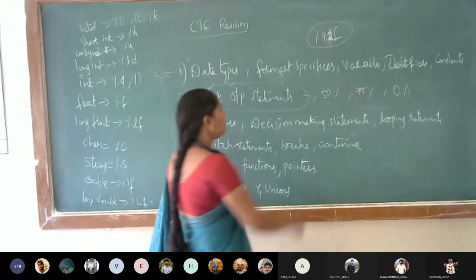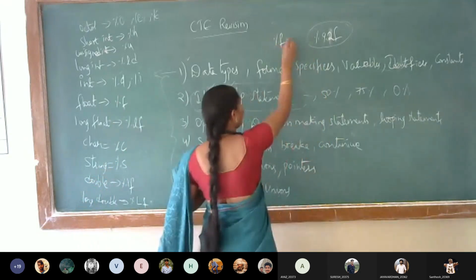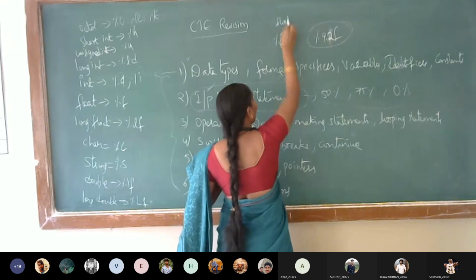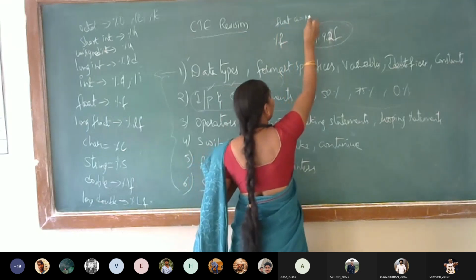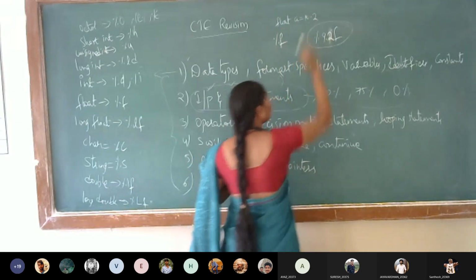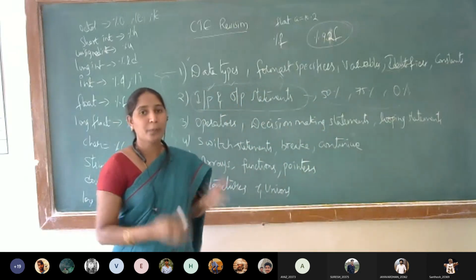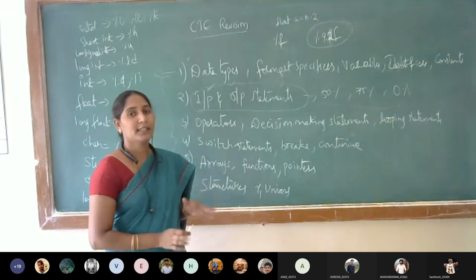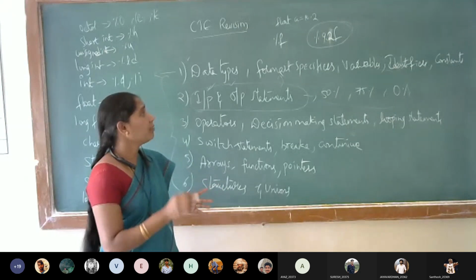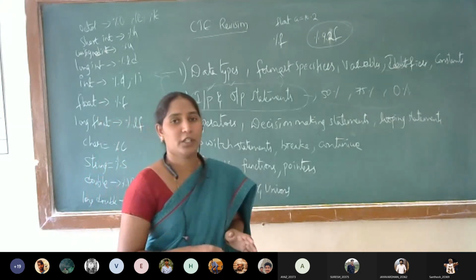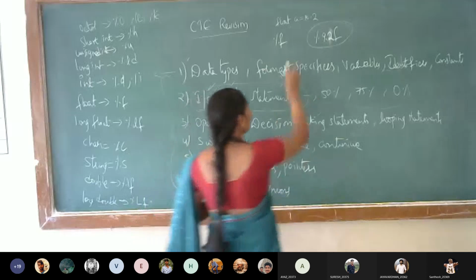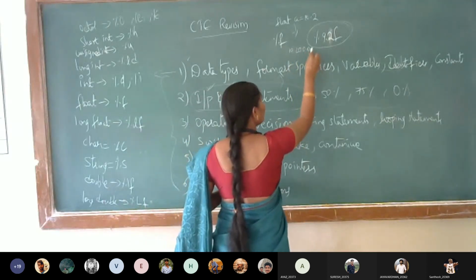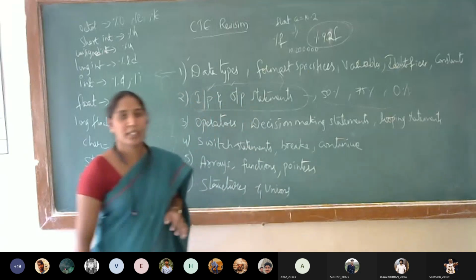If I have given only %f, then what happens? For example, if I have a float variable A equals 10.2 and I want to print it, I'll use printf("A is equals to %f", A). On my output, I'll get that value as 10.200000, with zeros displayed on the output screen.